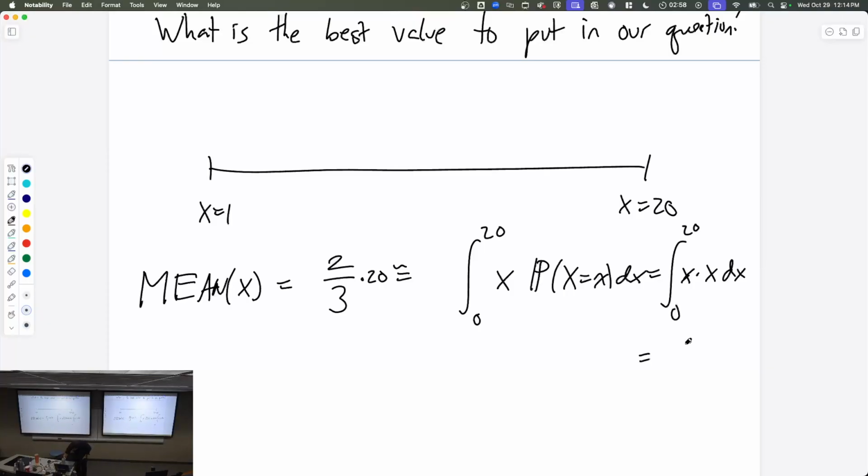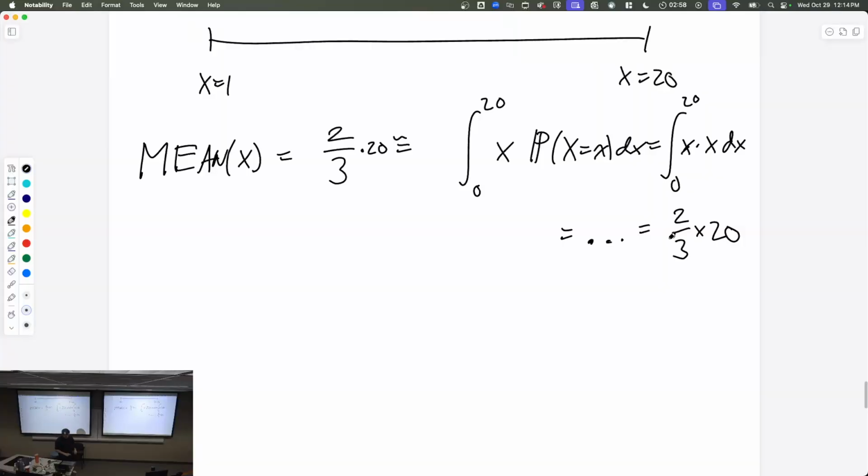So for people who know calculus, this is 2/3. I'm skipping a bunch of steps here just to give you the vibes. 2/3 times 20 is the average of this random variable. On average, when you roll 2 dice and take the average, you don't get 10, you get 2/3 times 20, also known as 13.33333.